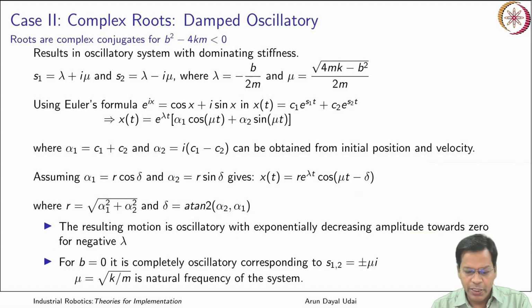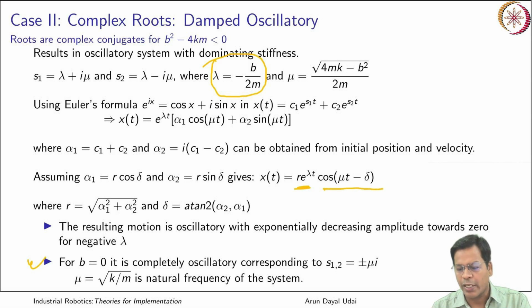For b equal to 0, if you substitute b equal to 0, this becomes 0, so lambda is 0. In that case, this is purely a constant value and you are left with just cosine oscillations. So your system is now completely oscillatory in nature, corresponding to S12, which is just plus minus i mu.